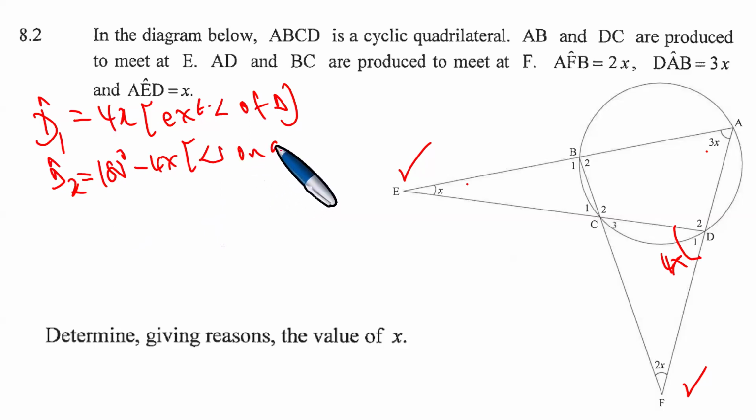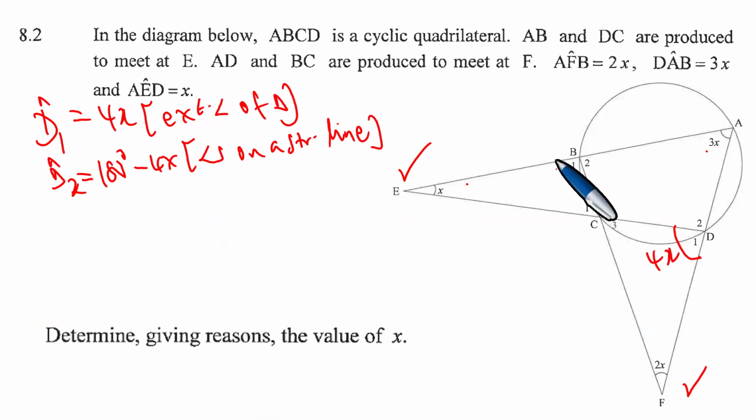Angles on a straight line, because we have already got this one is 4x, and then we just say 180 degrees minus 4x. Okay, so that is sorted.